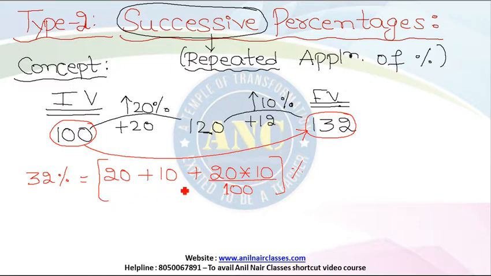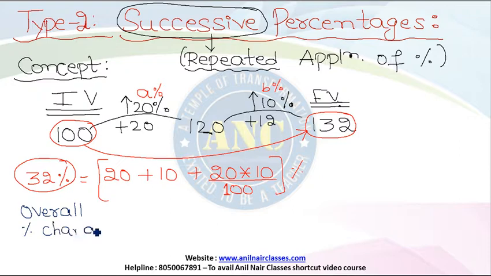What is 30 plus 2? 30 plus 2 is 32 percentage itself. That means instead of 20, if I call it A percentage, and instead of 10, if I call it B percentage, 32 percentage is nothing but the overall percentage change.